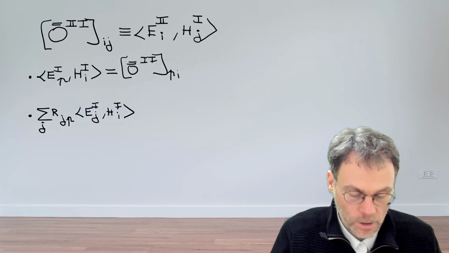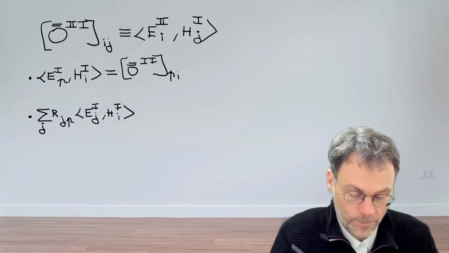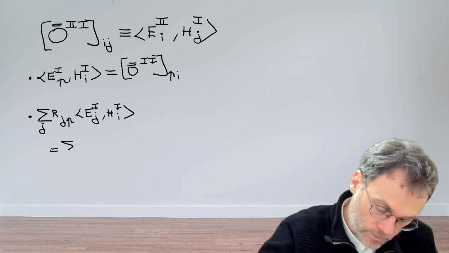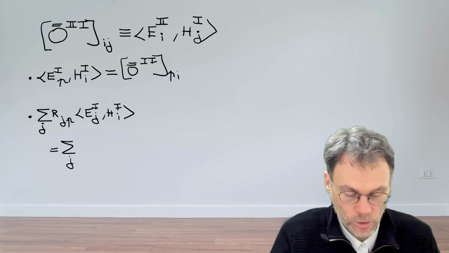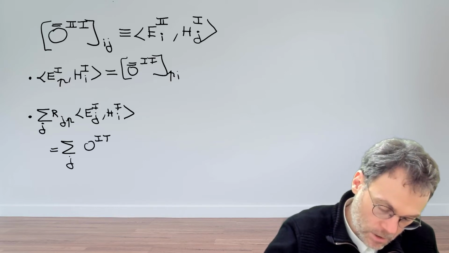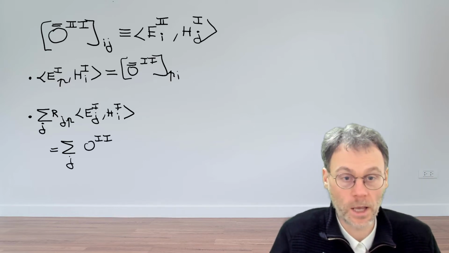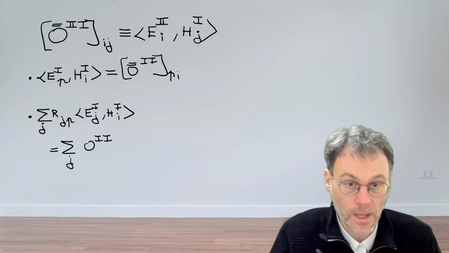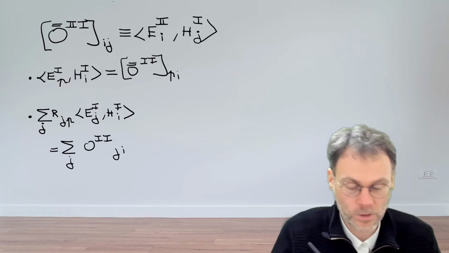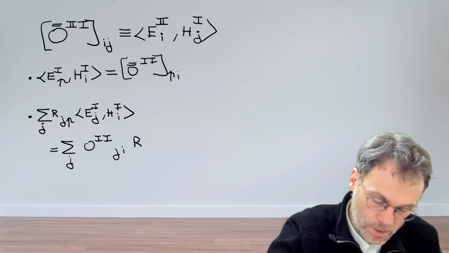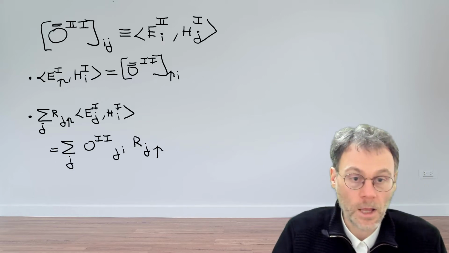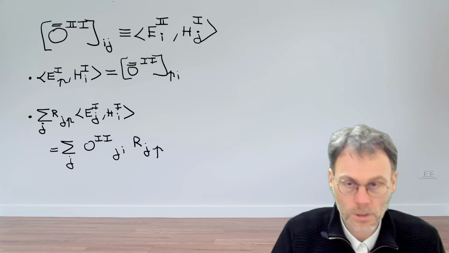If we now bring in our overlap matrix, we can write this as a sum over J. Now, in terms of our overlap matrix, it's the overlap matrix, again, between medium 1 and medium 1. And we're looking at the J'th element of that matrix, and then we multiply by our Jp. Okay, so far so good.